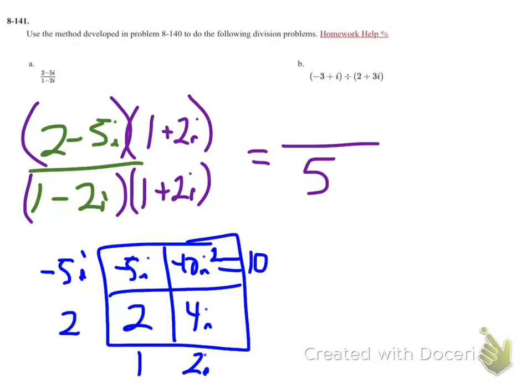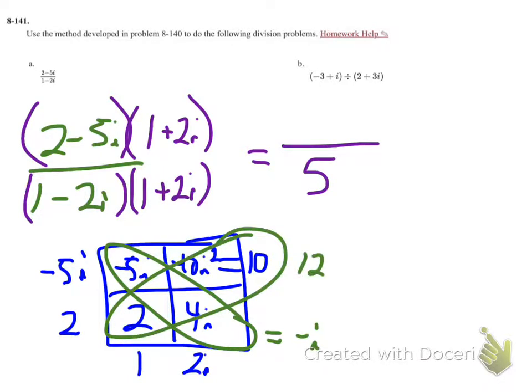So combining my like terms, these two right here become a negative i, and these two right here are 12. So my numerator is 12 plus a negative i, or 12 minus i.